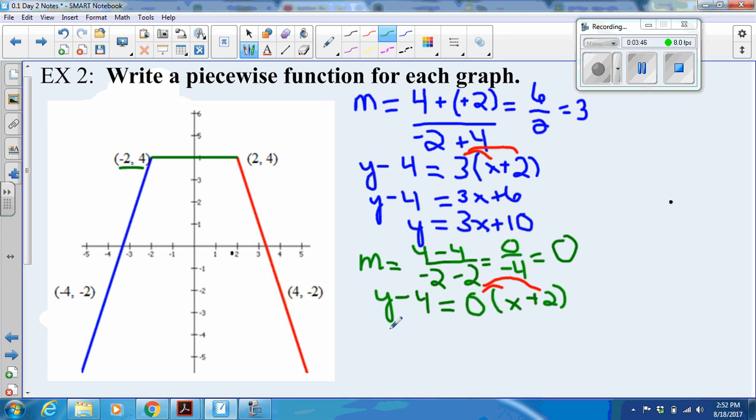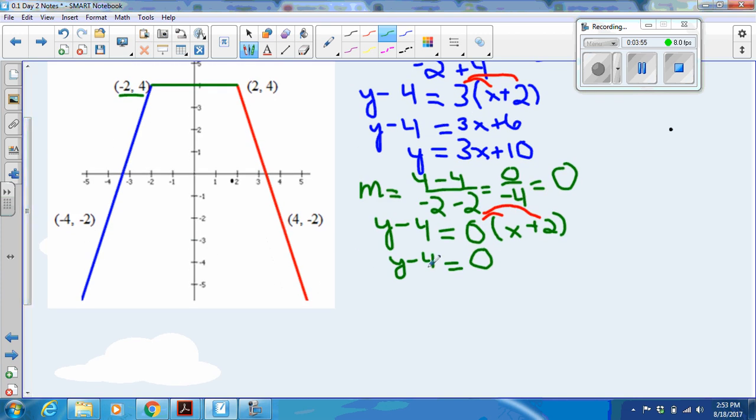So we have y minus 4 equals 0. Now we're not done, because we have to move the negative 4 over, so we add 4 to both sides. We get y equals 4. You do not have to do all this work for horizontal lines. Just remember, with horizontal lines, the slope is 0, and your equation is always y equals whatever that y value is, which is 4, as we can see on the graph here.